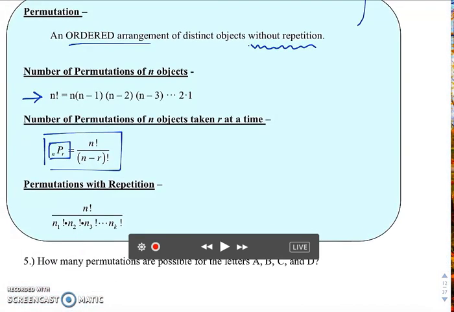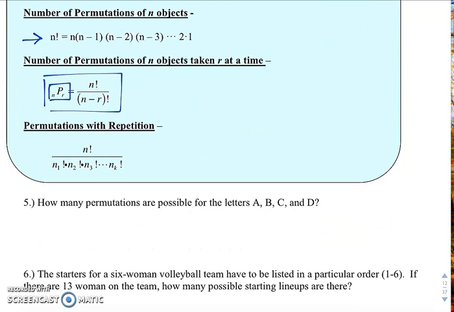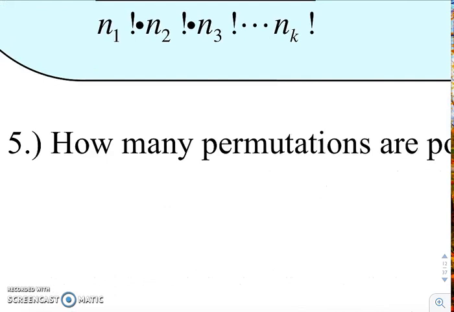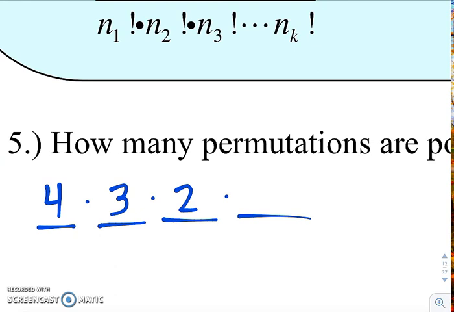if we go and look at number 5, it says how many permutations or arrangements are possible for the letters A, B, C, and D. So we could write it out like we've done before. 4 letters, A, B, C, and D. If we use, say, A in the first spot, now we have A, B, C, or D. We have 4 options to choose from, but once we've used, say, A in that first spot, then we only have 3 to choose from for the next, 2 for the second to last, and 1 letter to choose from for the last spot.